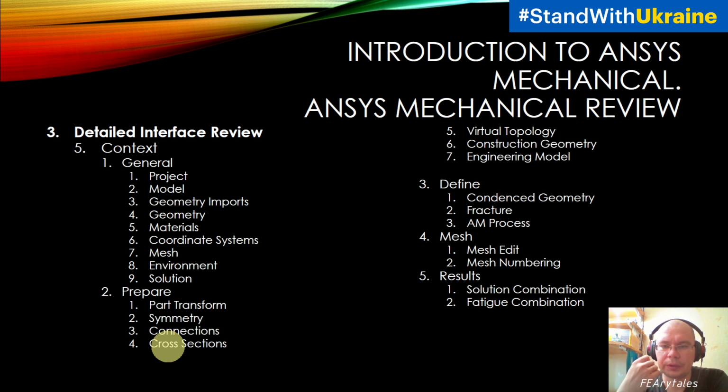Also, we will talk about advanced questions about the additive manufacturing process, its condensed geometry fracture, additive manufacturing process types, about some mesh modifications such as mesh edit and mesh numbering, and about the result tab.